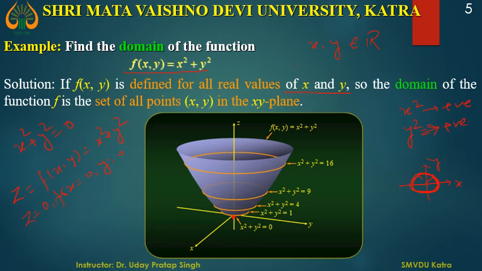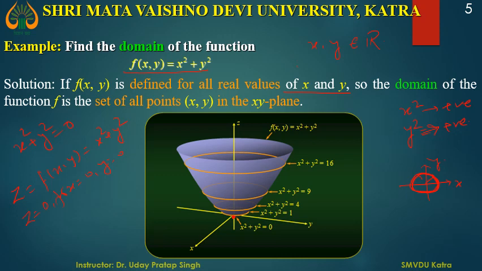Then x square plus y square is equal to 4. It is a circle of radius 2 with center at 0, 0. Similarly, x square plus y square equal to 9, x square plus y square equal to 16, and f(x, y) is equal to x square plus y square.